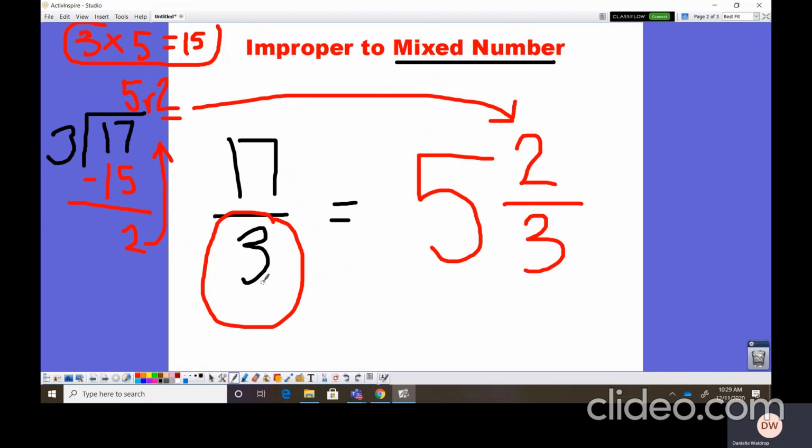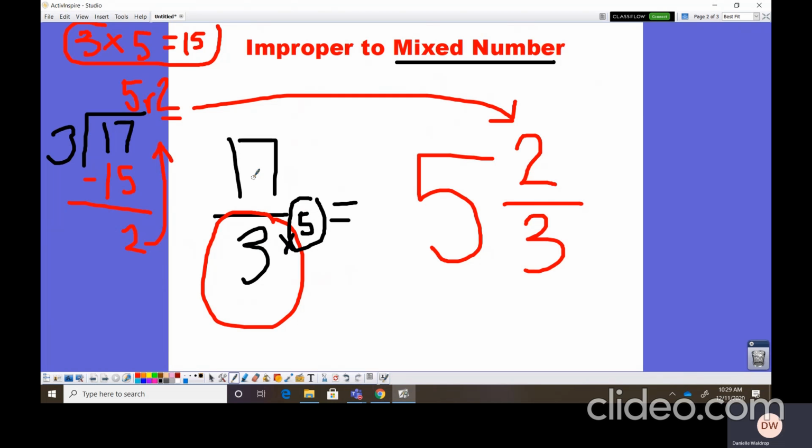You could say, okay, I know 3 will go into 17. 3 times 5, that gets me 15. Plus those 2 that I had left over, 16, 17. And then, of course, you would have your thirds. You could do it in your head if you can, but I'm pretty sure most of you are going to want to make sure you show your long division until you get really used to this skill.